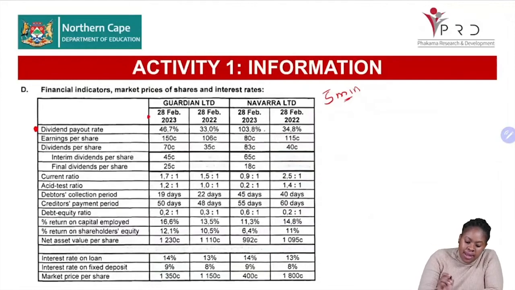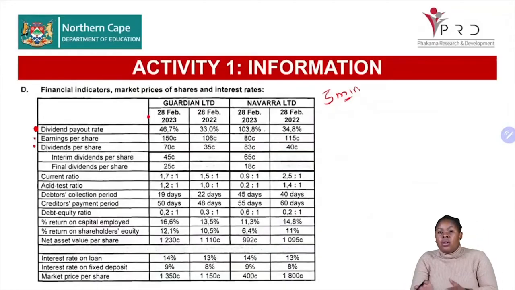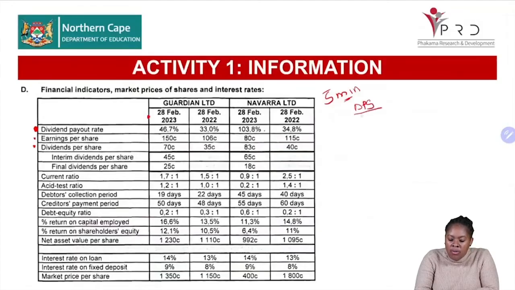All right. And then the dividends per share, comparing it with the EPS. Okay. So the dividend payout rate is saying how much from the earnings per share is actually allocated as dividends to our shareholders. That is why our formula says it is our dividends per share over earnings per share.